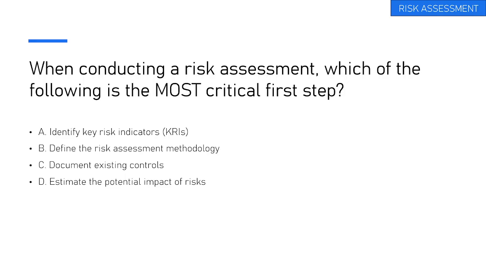Third is documenting existing controls. And the last one is estimation of the potential impact of those risks. I believe on this one, the right answer is B, to define the risk assessment methodology, right?